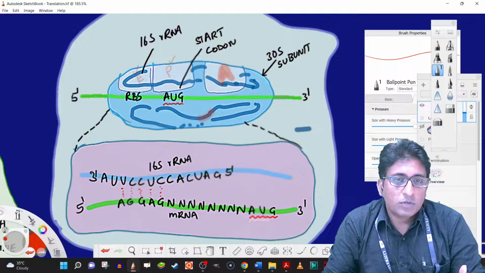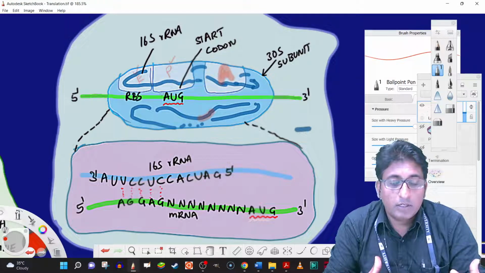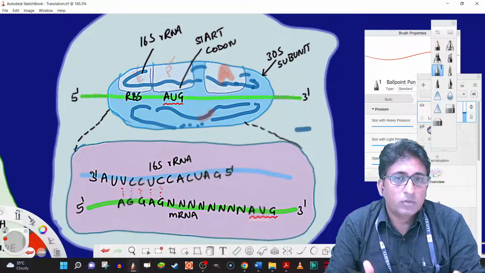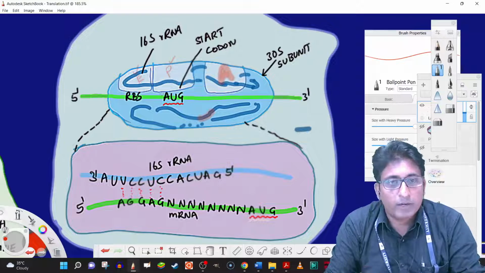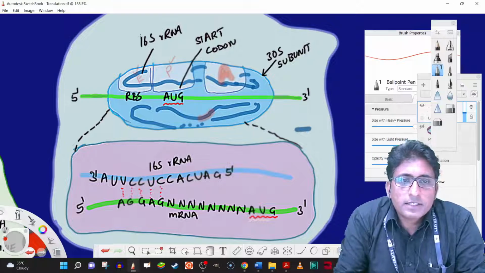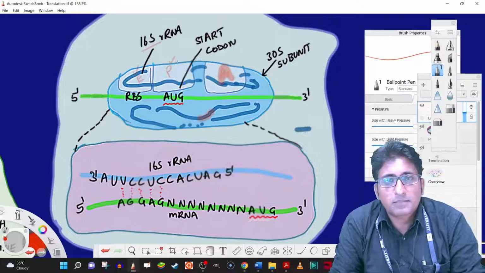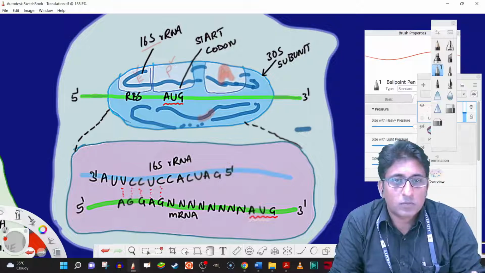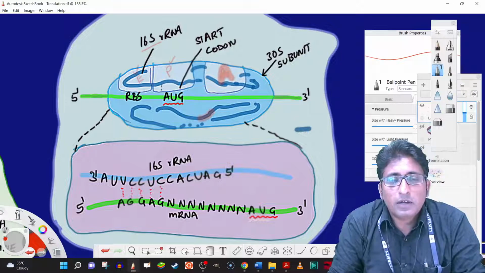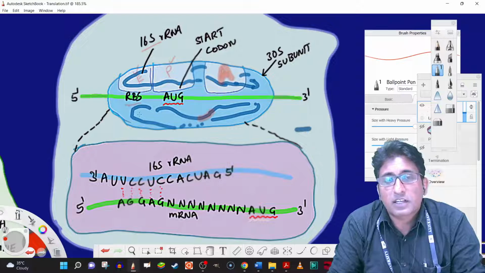So the small subunit interacts with the mRNA and is able to identify it. This is especially true in the case of prokaryotes. So the 16S rRNA that makes up part of the RNA in the small ribosomal subunit will be able to base pair and recognize the ribosome binding site.